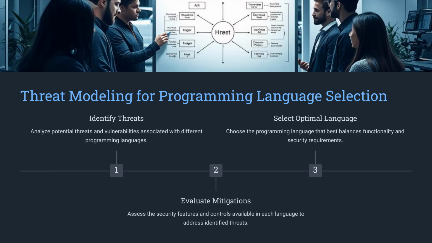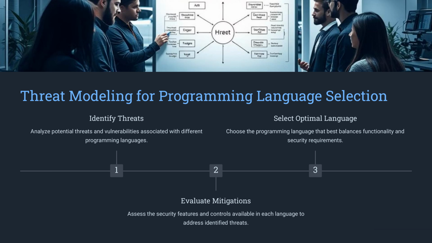On this slide, we explore the importance of threat modeling when selecting a programming language. First, we identify potential threats and vulnerabilities inherent to various programming languages. Understanding these threats helps us comprehend the security challenges each language might present.